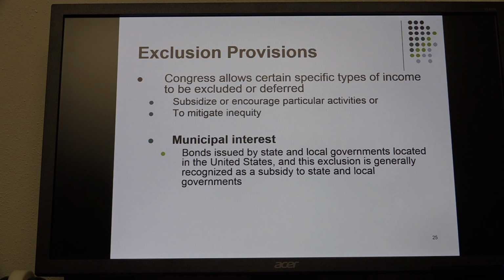But yet, even though you have to report it, you don't include it in gross income. Kind of strange, but they want to see that. Why is that? Why do you have to include that? Well, that number goes into the calculation for determining how much of Social Security benefits are taxable.